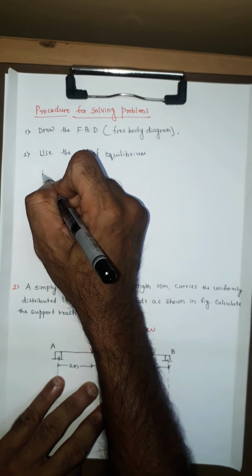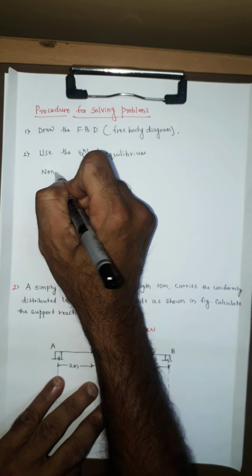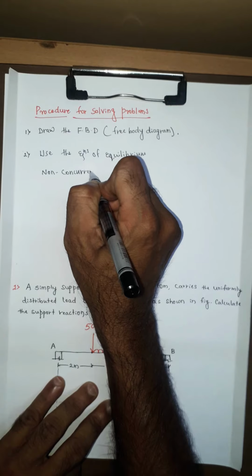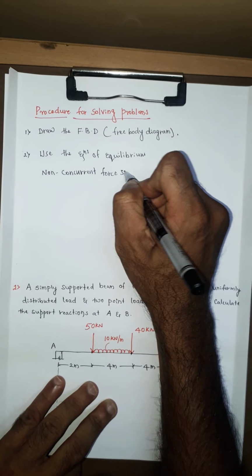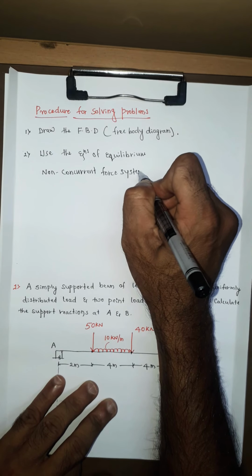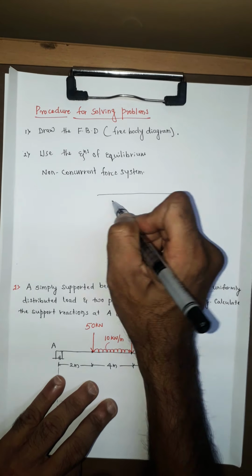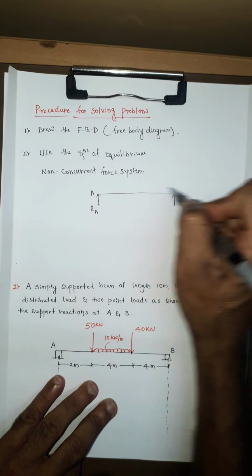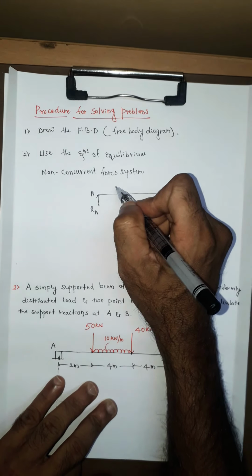Normally the beam which is subjected to loads is considered as a non-concurrent force system. Okay, non-concurrent force system. For example, if you consider this beam, this is the reaction RA, this is the reaction RB.